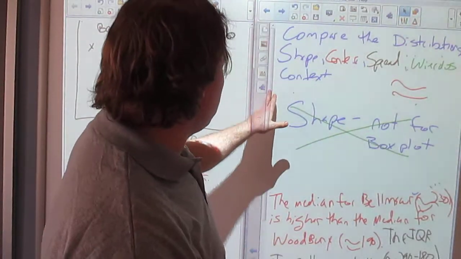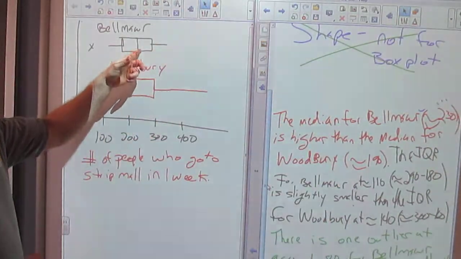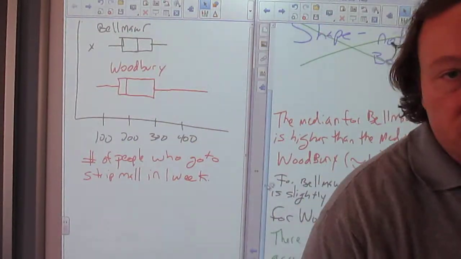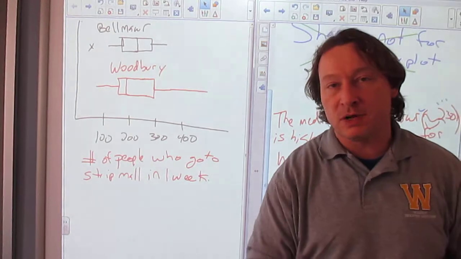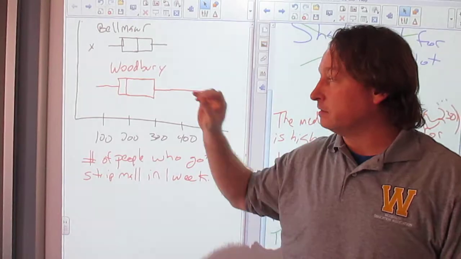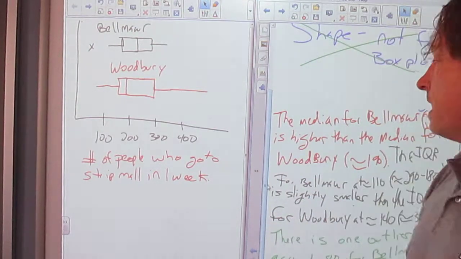So we're going to start with the center. Since we have the median, we're going to use the median. Make sure you compare the 2 distributions, do not list them. The reason a lot of people go from E's to partials on these questions is they list all the things for the Belmar distribution, then list everything for Woodbury, but there are no comparisons. So what do I mean by comparison?